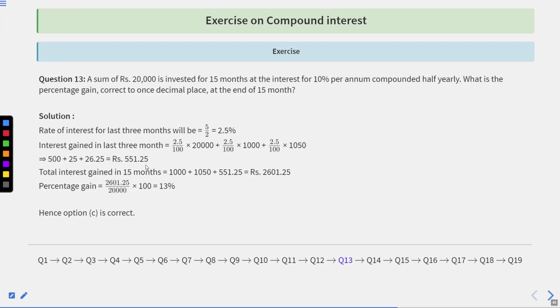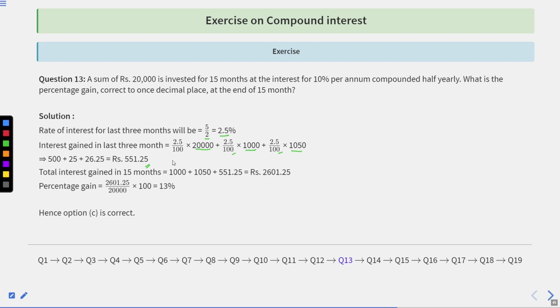So the rate of interest for the last 3 months will be 5 upon 2, equal to 2.5%. So the interest gained in the last 3 months will be equal to 2.5 upon 100 into 20,000 plus 2.5 upon 100 into 1,000 plus 2.5 upon 100 into 1,050, which is equal to 551.25 rupees.